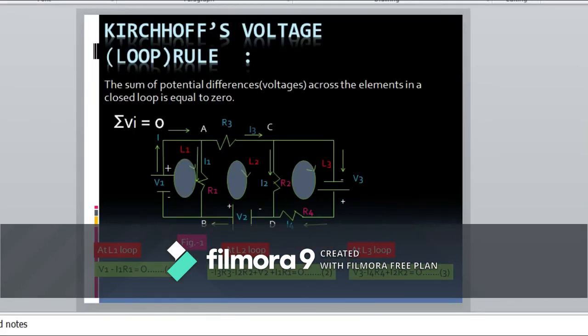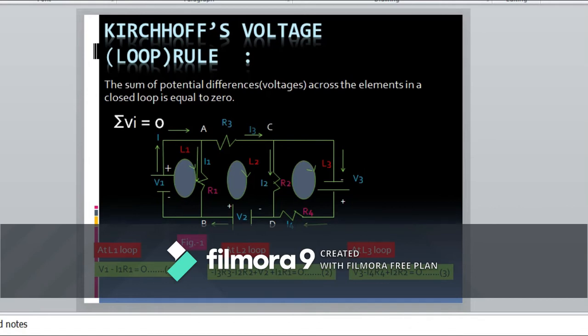Good morning, everybody. Let us discuss Kirchhoff's voltage rule. It states that the sum of potential differences across the elements in a closed loop is equal to 0.